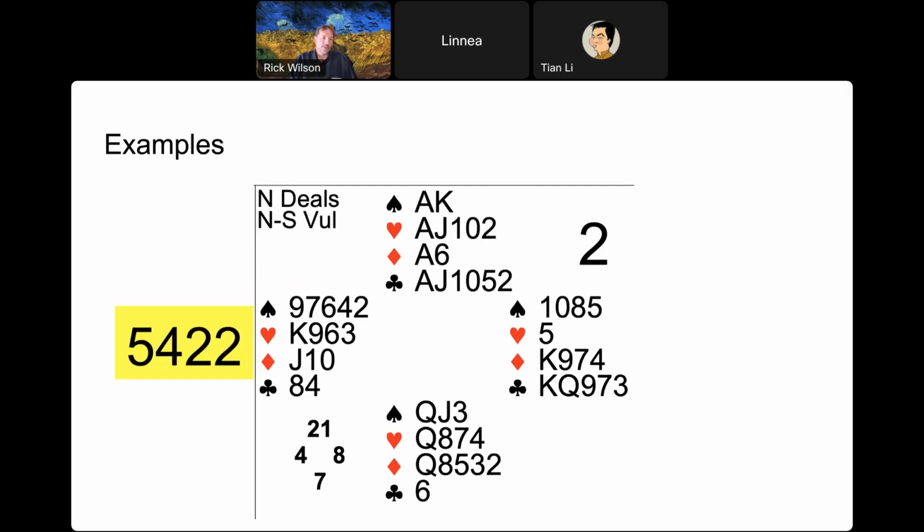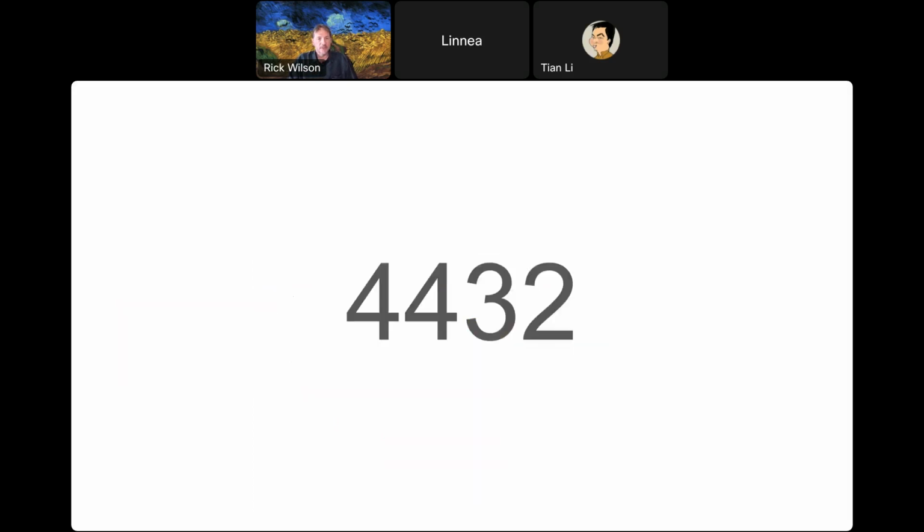And when we talk about these patterns, we don't worry about the specific order of these. Here is actually spades, hearts, diamonds, clubs, but we just go from longest to shortest. So these terminologies are not saying specifically 5 spades and 4 hearts.